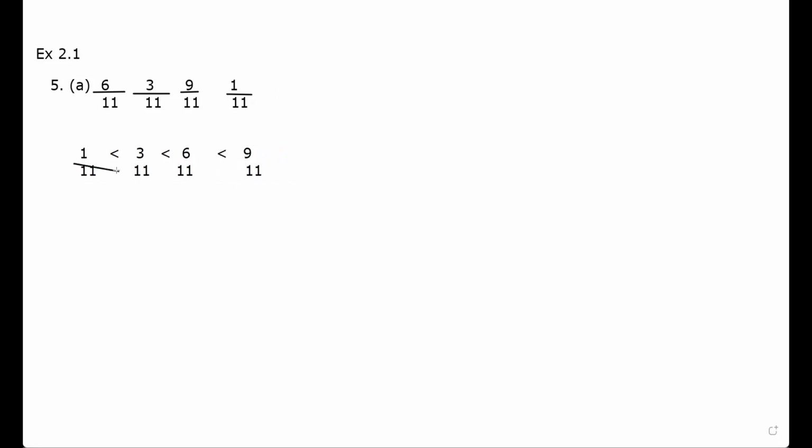So 1 upon 11, then 3 upon 11, then 6 upon 11, and then 9 upon 11. This is part 1. Please note down this question and write down the answer. If you find any difficulty, you can ask.